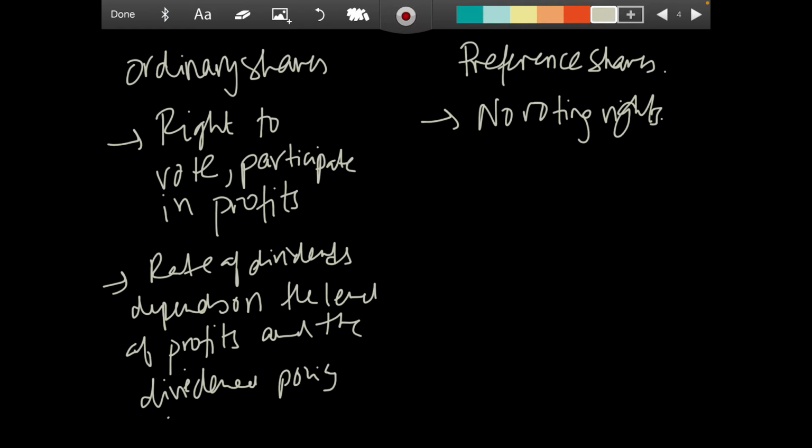So basically, the rate of dividend is not fixed. But in case of a preference share, the preference shareholders receive a fixed rate of dividend.